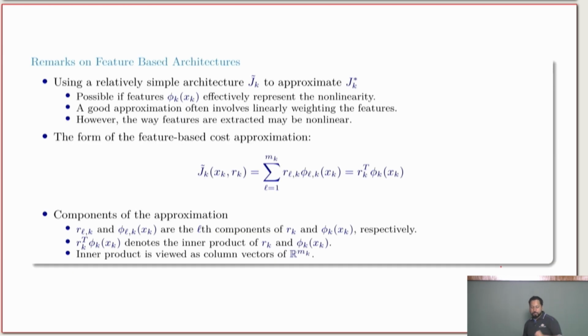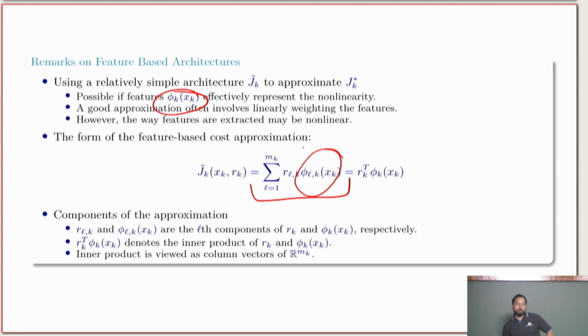So let's say we have these features extracted, whether they are neural network features or handcrafted features, it doesn't matter. We take those features phi_k(x_k). So the feature extracted at state x_k is phi_k(x_k). Now we can go for a linear combination of these features. Basically these features become our basis vectors, and using these basis vectors we construct our function approximator.